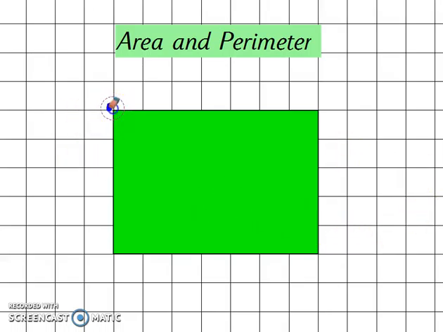In this case, when you are given a shape on squared paper, the easiest thing for you to do if you have no measurements is just to count the squares. So this rectangle has 1, 2, 3, 4, 5, 6, 7 squares on this side, which means it must have 7 squares on this side because these two lines are the same length and they are parallel. 1, 2, 3, 4, 5 squares on this side, which means it has 5 squares on this side because we learned that these lines are parallel as well.